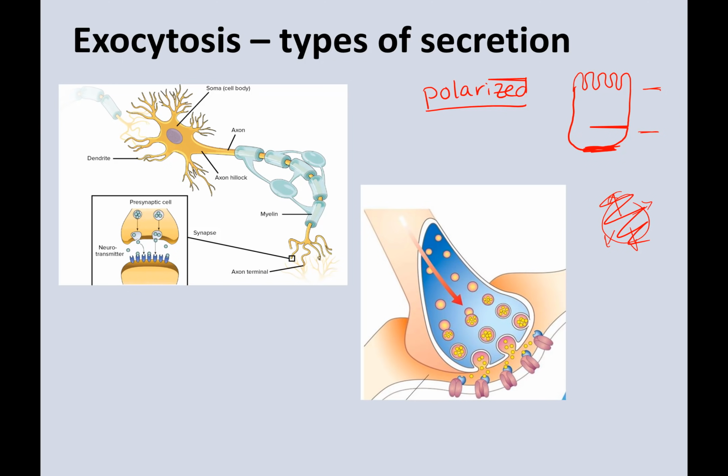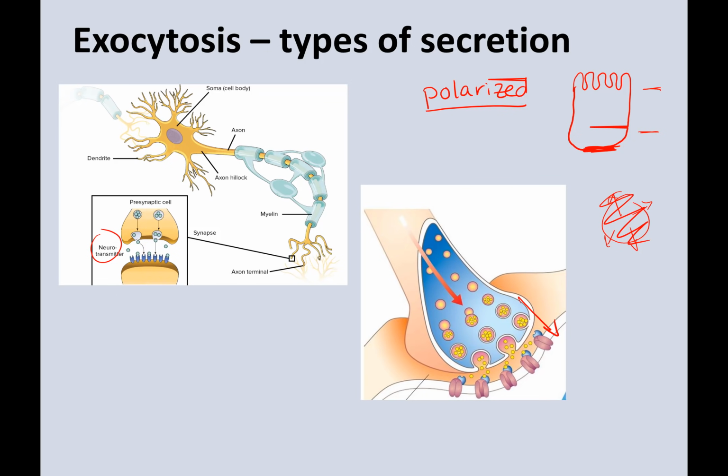And the example that we will keep coming back to is in neurocells or nerve cells. And right here, the secretion of neurotransmitters goes in a single direction. So it goes from the axon of one to the dendrite, or the axon, or sometimes the somatic cell body of another one.